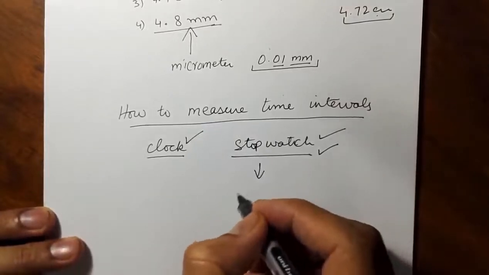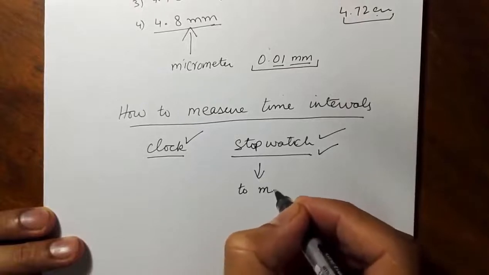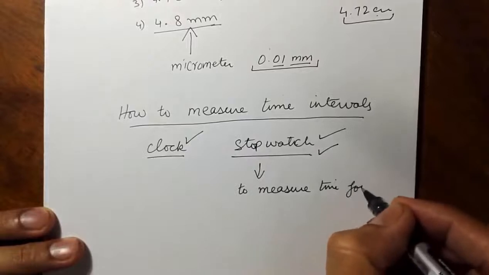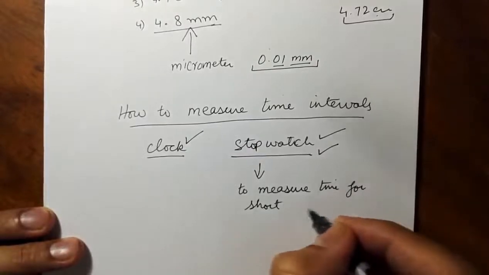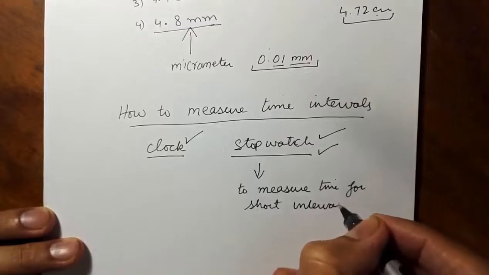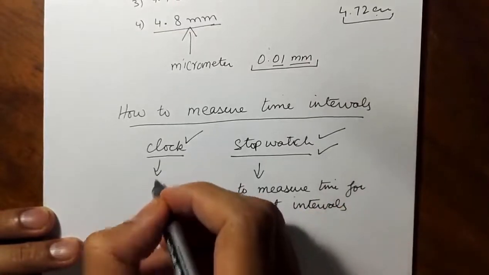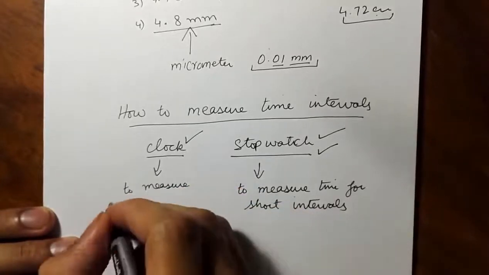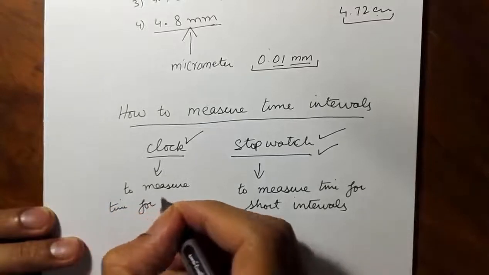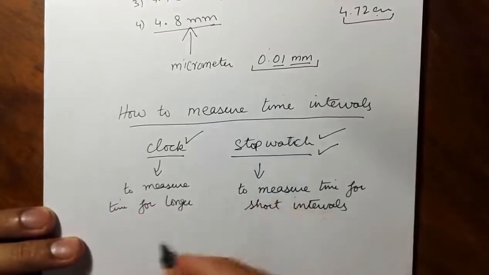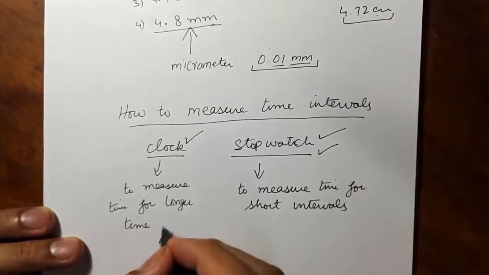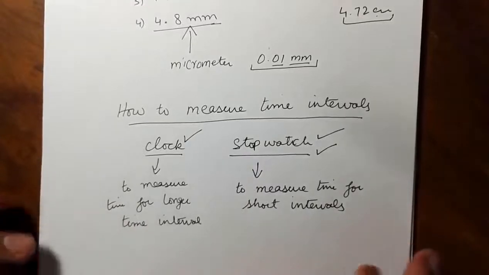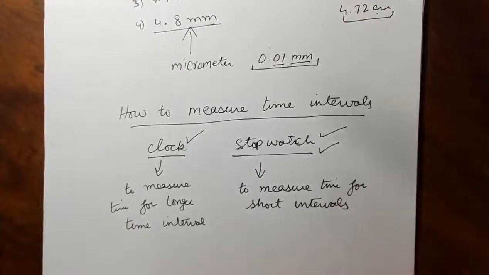So you can use stopwatch to measure time for short intervals and you can use clock to measure time for longer time intervals. So in this way you can use these instruments to measure the time.